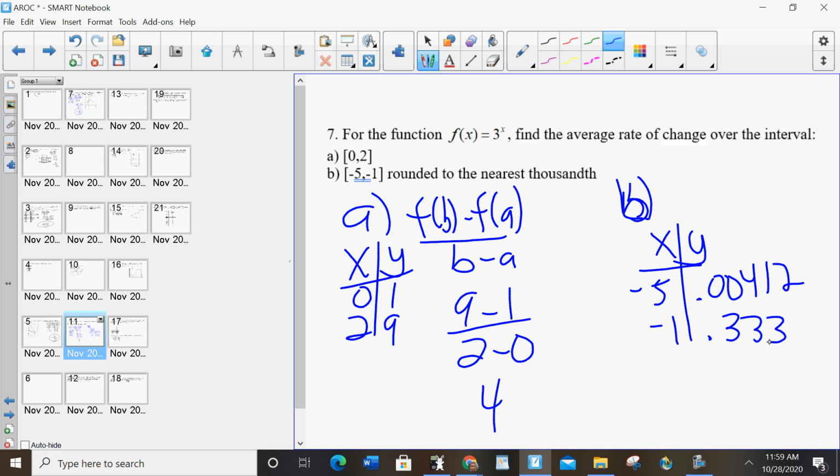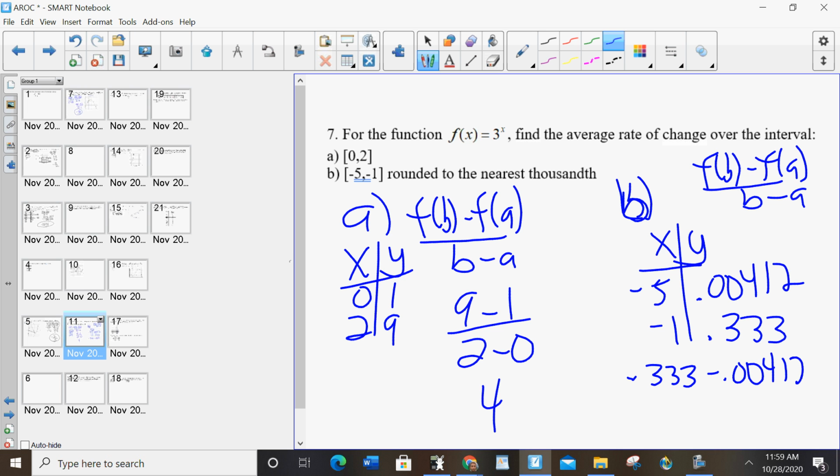And to find it, f of b minus f of a over b minus a, 0.333 minus 0.00412 over -1 minus -5.